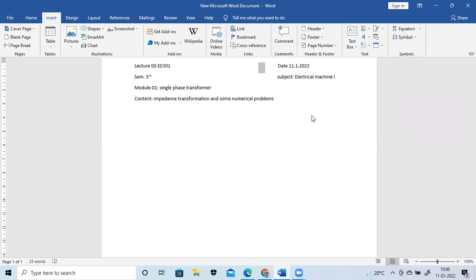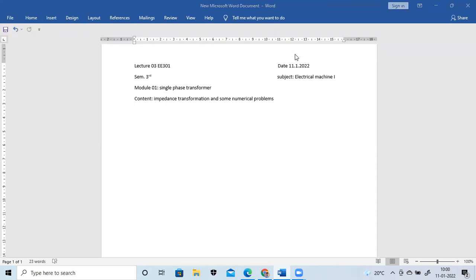V1 by V2, that means the primary voltage supplied to the transformer to the secondary side. So this impedance transformation we already discussed in the previous class. So today we just recap all those things.